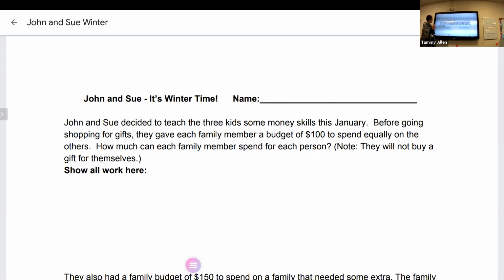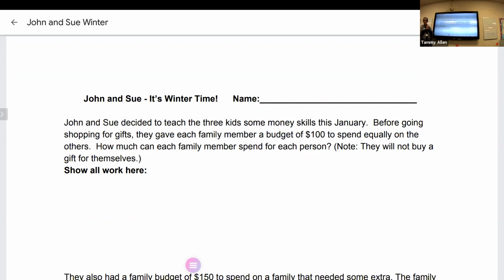So here we go. John and Sue decided to teach the 3 kids some money skills this January. Before going shopping for gifts, they gave each family member a budget of $100 to spend equally on the others. How much can each family member spend for each person? And you need to know that they will not buy a gift for themselves.